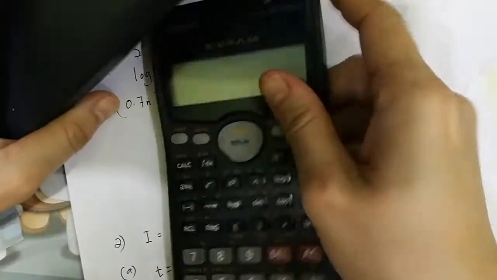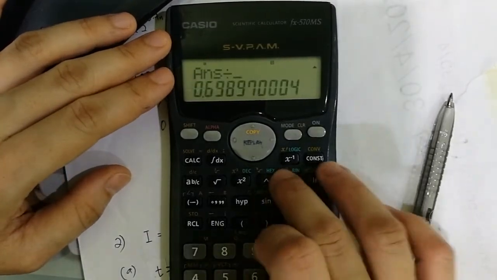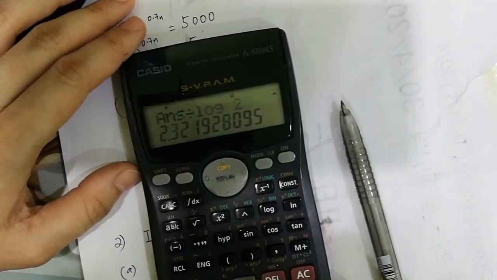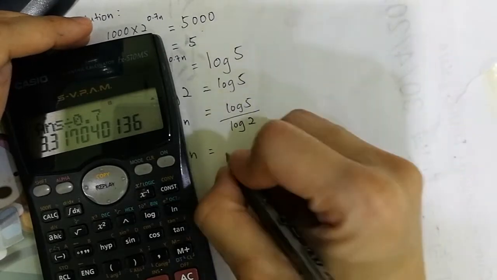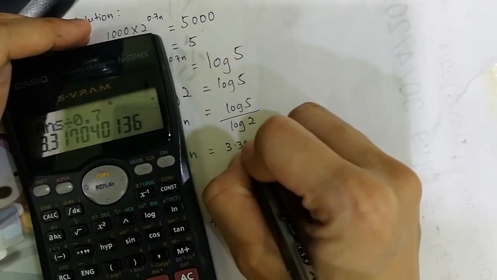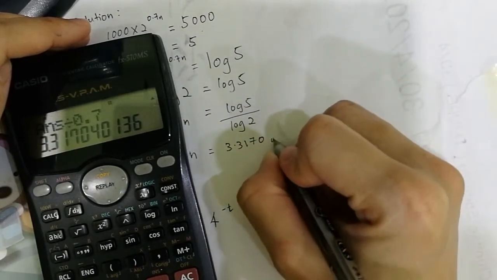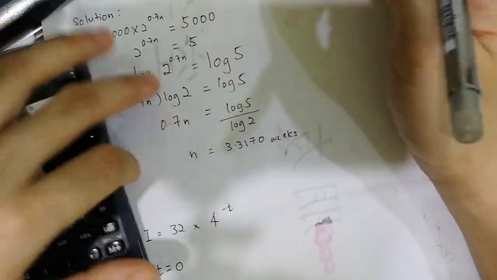Log 5 divided by log 2, the whole thing divided by 0.7. So we get 3.3170 weeks. Remember, n is in weeks.